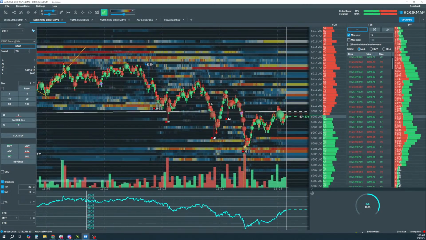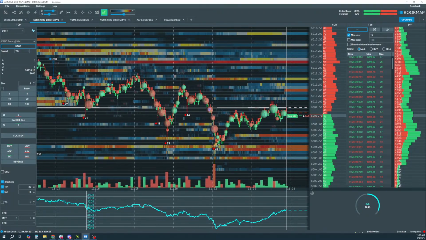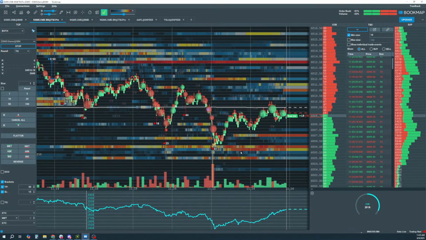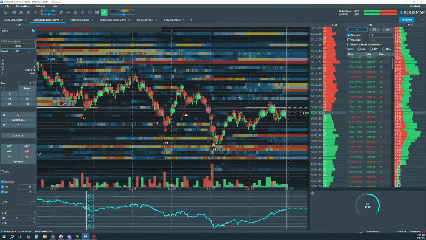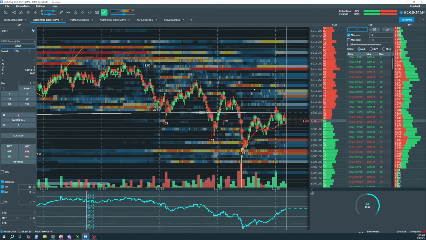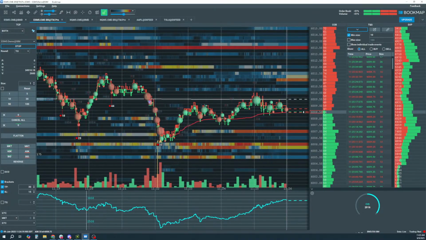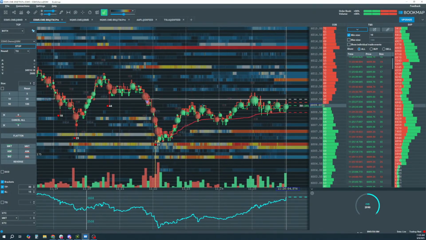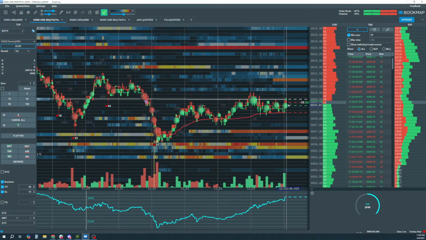We can add an anchored VWAP. Let's suppose, right at this swing here, let's add an anchored VWAP there, and it will create one. There it is. Then, are you bullish in here after this swing? Then this is a buying opportunity off your anchored VWAP, right?